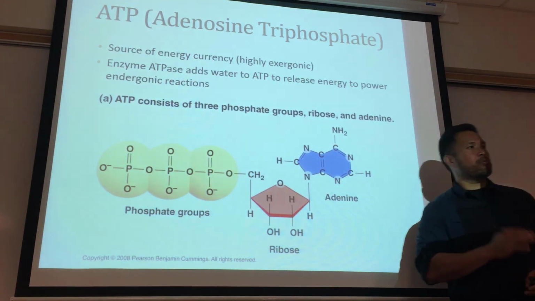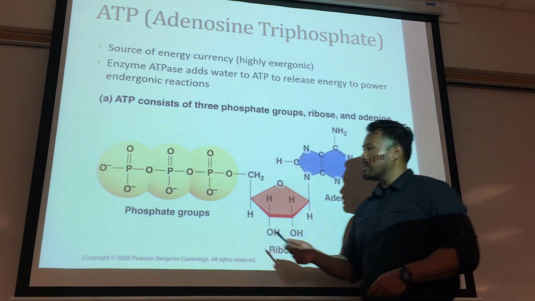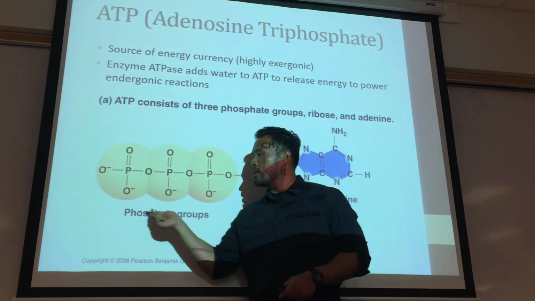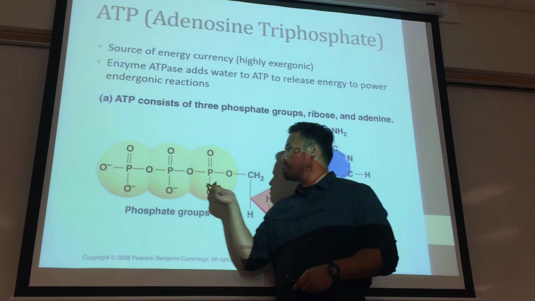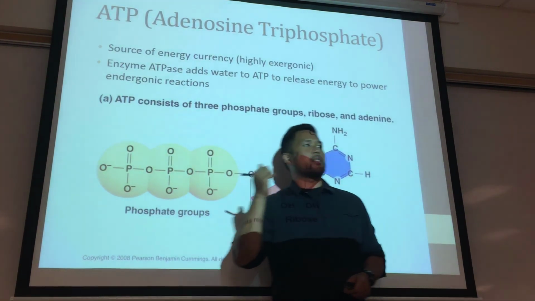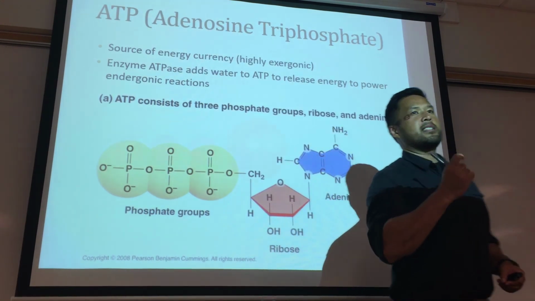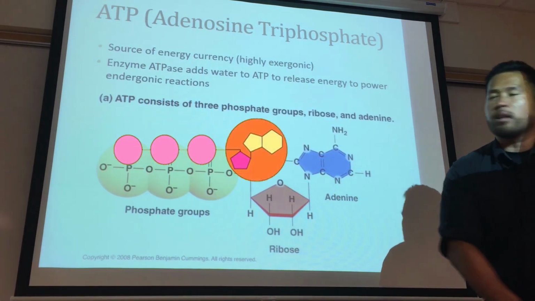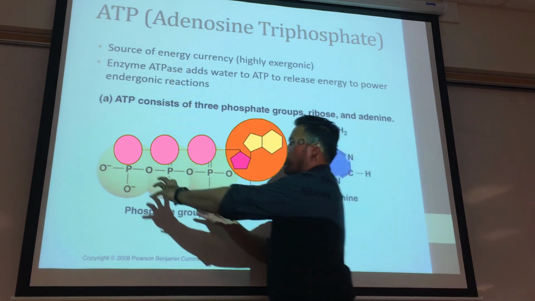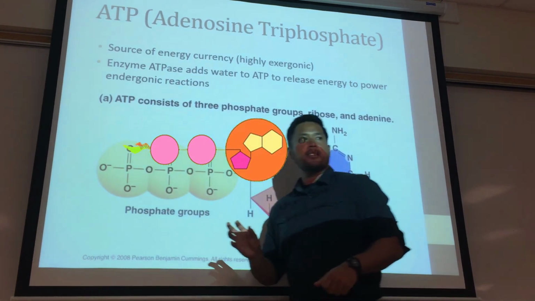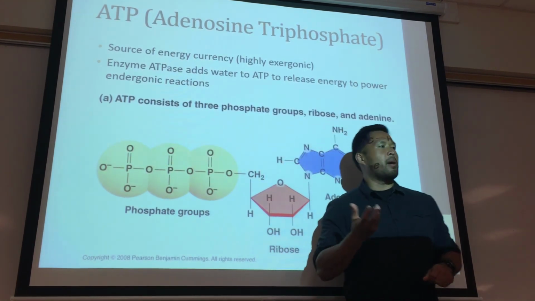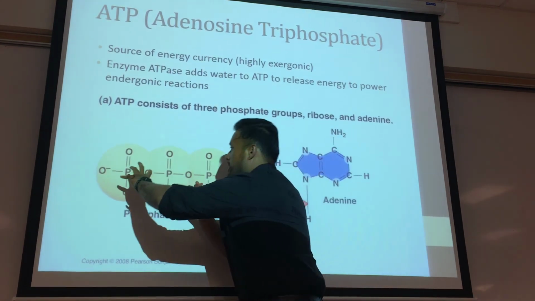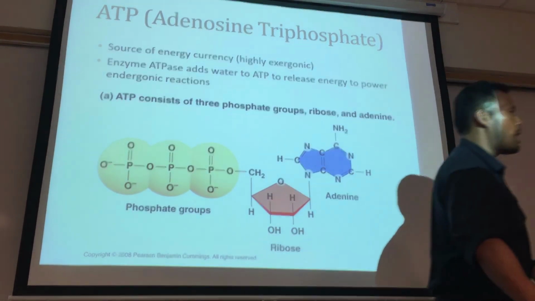If you look at energy transfer, all of this is contained within these phosphate groups. Each of these phosphate bonds is very strong and has a lot of energy contained. If you take this ATP molecule and break off one of those phosphate ions, that's going to release energy. Remember, we're breaking this apart. It's a catabolic reaction.